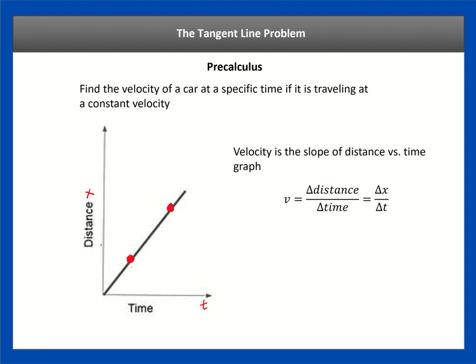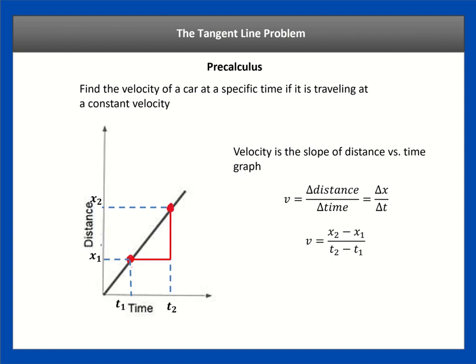Or in this case, the magnitude of velocity, which is the speed, is the distance over time. So it's change in x over change in t. We identify our x1, x2, and our t1 and t2, and then take the difference in those values, and that gives us the slope, which is the magnitude of velocity.